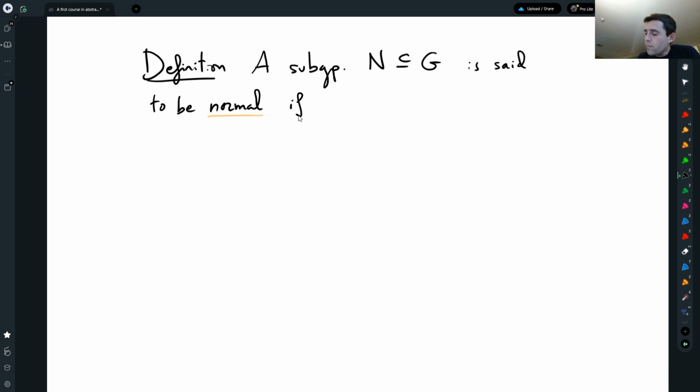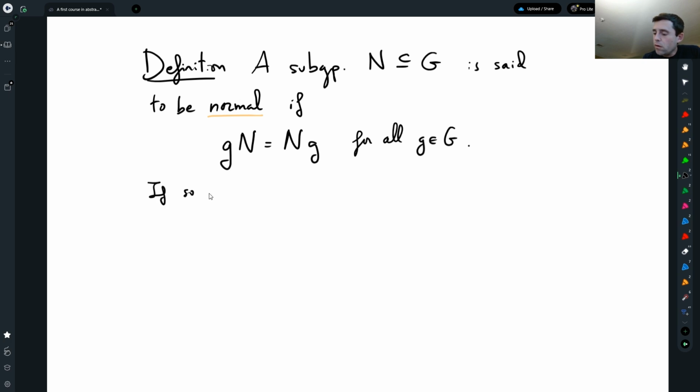If the following happens, that gN is the same as Ng for all g in G. If so, we write that N, with this triangular symbol, is normal in G.